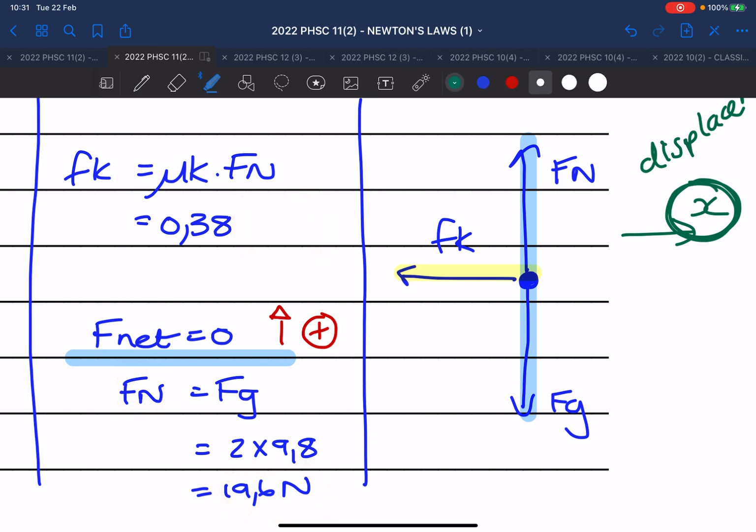So I'm just going to take a different highlighter, and substitute in there. So times 19.6. And that gives you 7.448.